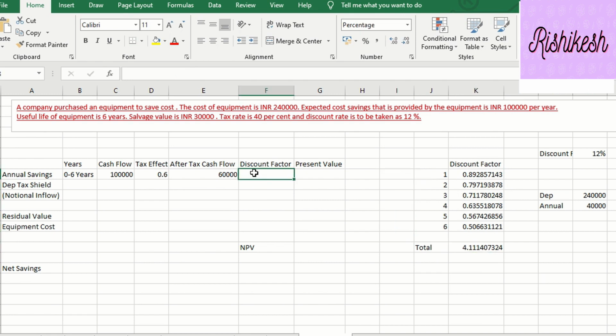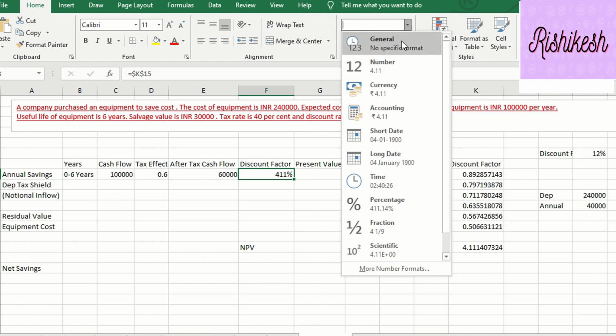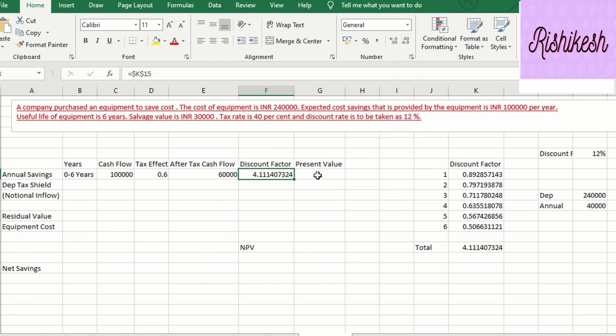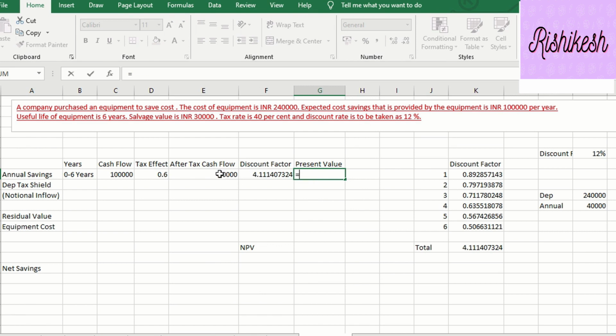So I can write the discount factor directly as this, and I will freeze it because I don't want it to change. Then I will again convert that into general, let us suppose a number, and the present value will be 60,000 multiplied with the discount factor, so that comes out to be 2,46,684.